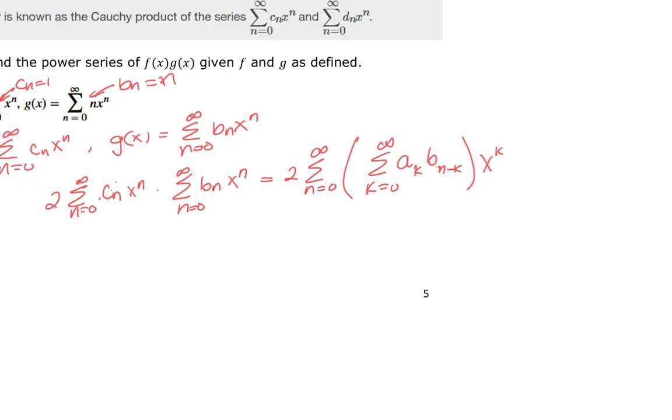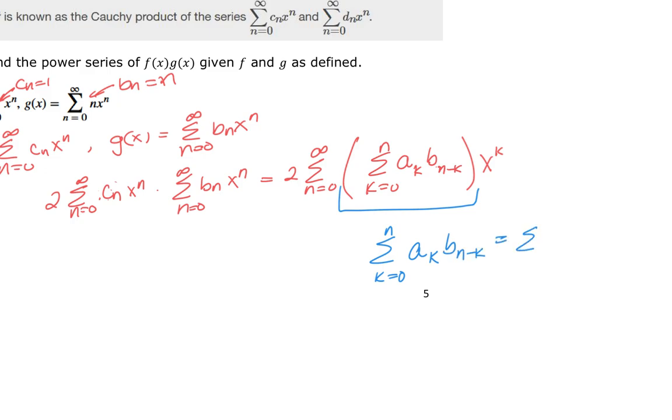Now, focusing in on this piece alone, this summation of k equals 0 to n, excuse me, that should be to n, not infinity. Let me erase that and make that to n, of c sub k b sub n minus k.